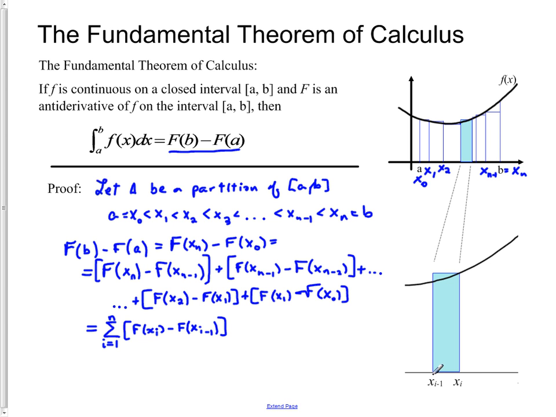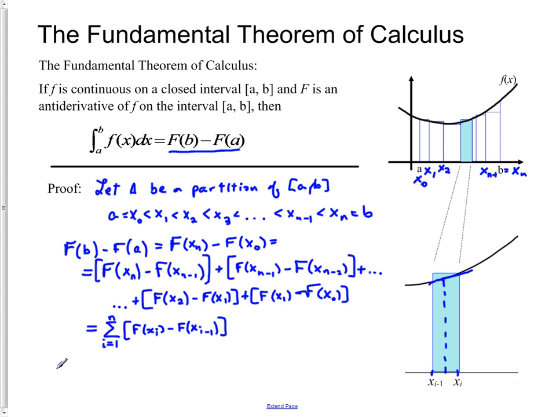If we had an interval, let's say from x of i minus 1 to x of i, what should happen? Well, there should be some c sub i somewhere in the interval such that the slope of the line tangent to the curve would be equal to the slope of the line secant to the curve through x of i and x of i minus 1, right?